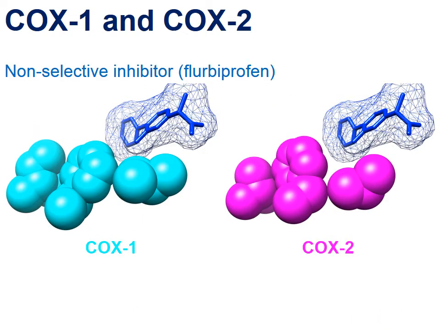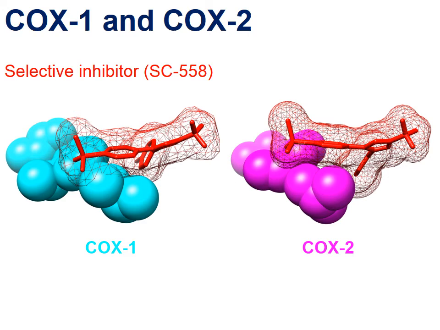So in case of a non-selective inhibitor, here in blue, this compound can bind both to the COX-1 and COX-2 enzymes. So you can see there's a bit more space, a bit more room in the COX-2 enzyme. But both in COX-2 and COX-1, this non-selective inhibitor can bind.